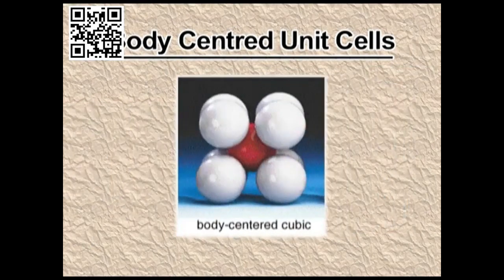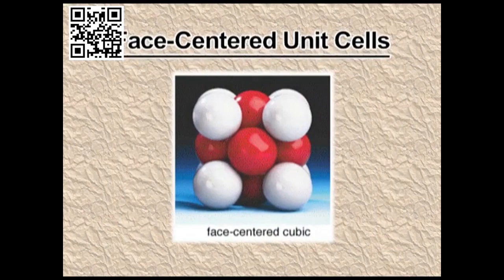You can see a red ball in between the white balls. Then in the third, that is the face-centered unit cell, the constituent particles are present at the corners, and in addition, the constituent particles are present at the center of each face, that is the FCC unit cell.